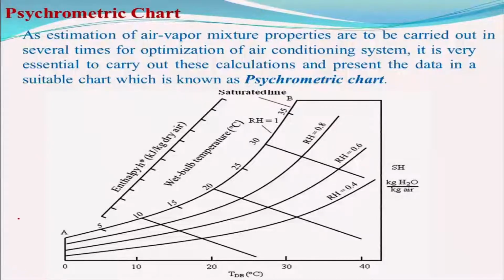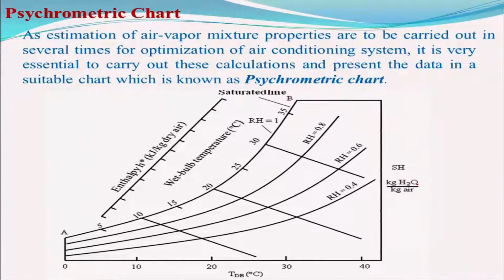If you look here, horizontally it is shown, that is TB, the dry bulb temperature: 0, 10 degrees Celsius, 20 degrees, 30 degrees, 40 degrees. Along the vertical line it shows the specific humidity, that is kg of water per kg of air.